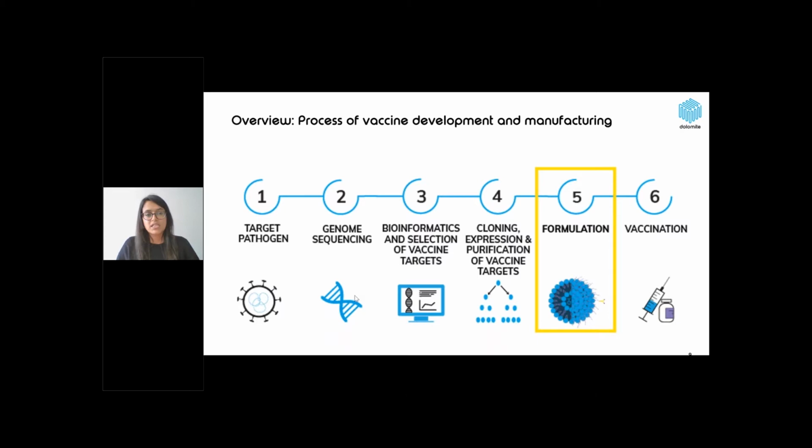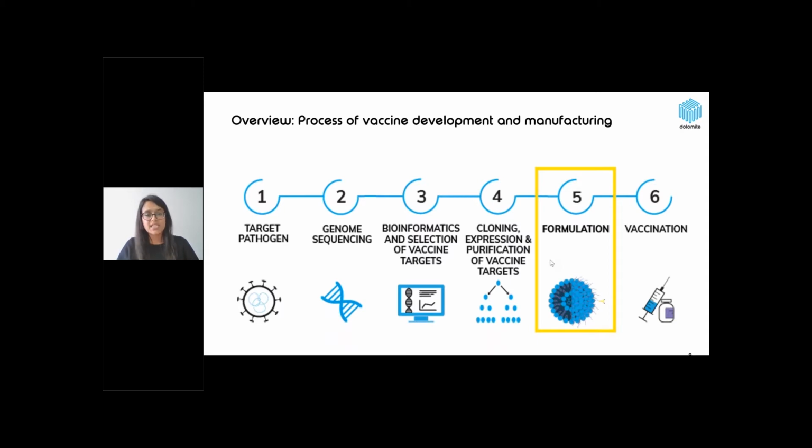Once you have that information, bioinformaticians carry out some of the selection of vaccine targets. So once those are identified, these are then further cloned and expressed and purified to basically help do further clinical trials and rollout. However, before any of that happens, there is a step which is called formulation, and this is where the packaging of your vaccine happens.